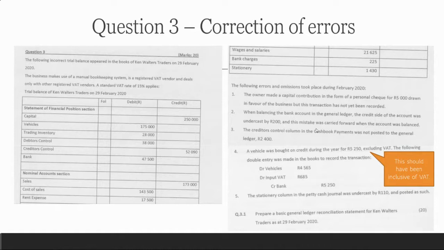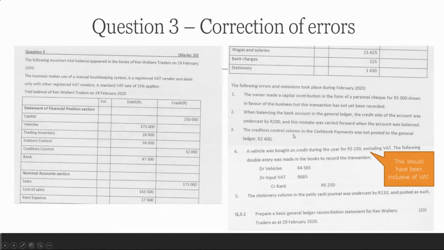That means our bank balance is 200 Rand too little because we didn't add up the T account correctly. In this case, a lot of students put it on the credit side because they forgot that the credit side of a T account is actually your debit side.